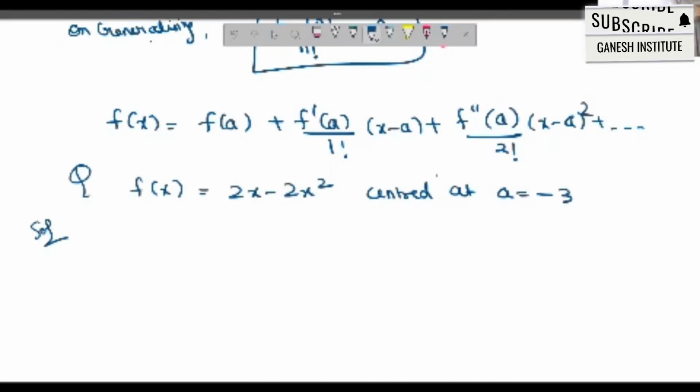First of all, what are you finding? I found f(0) is 0. And then I found f dash x. What is f dash x? 2x minus 4x.